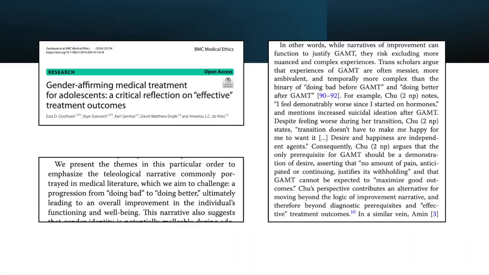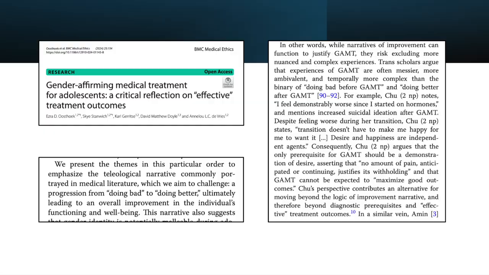So I'm going to draw your attention to a recent paper that was published by a group of Dutch researchers, including Annelou de Vries. So recall that Annelou de Vries was the lead author on the 2011 and 2014 studies that really formed the backbone of pediatric medical transition. So this study was just published recently in late 2024. It's called Gender-Affirming Medical Treatment for Adolescents, a critical reflection on effective treatment outcomes.